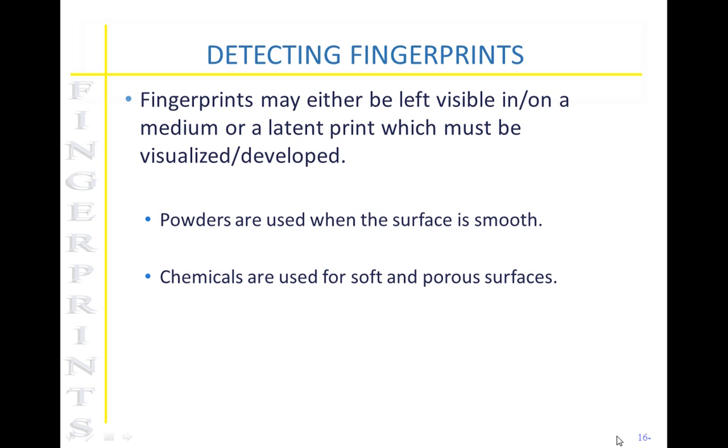But in most instances, it's going to be where a latent print has been left, and it will be necessary to develop that print, either through the use of powders or chemicals. Generally, powders are going to be used on a smooth surface, and chemicals are going to be used on a soft or a porous surface.